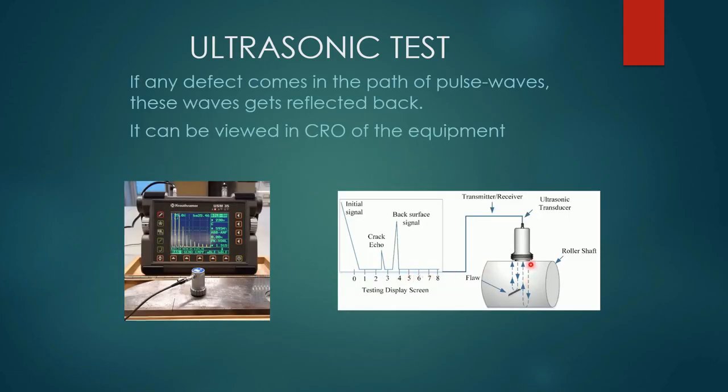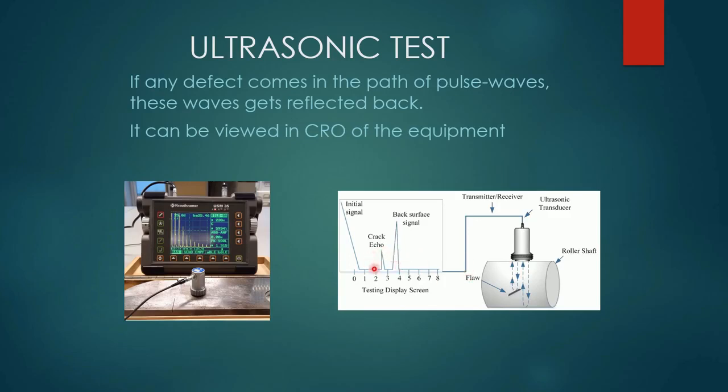You can see when no foreign material or inclusion or any defect is there, the wave is coming from the transducer and it is going back again to the transducer in a particular waveform, right? So if any defect comes in the path of this pulse wave, these waves get reflected from that particular point.